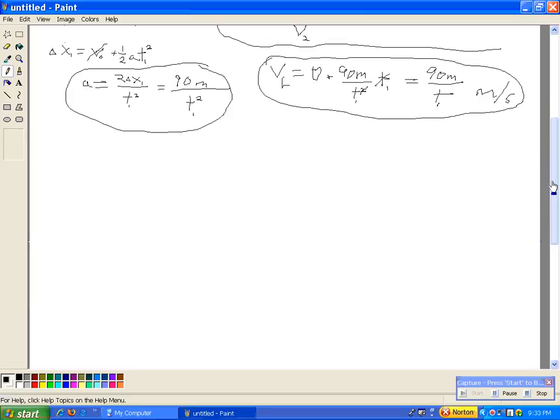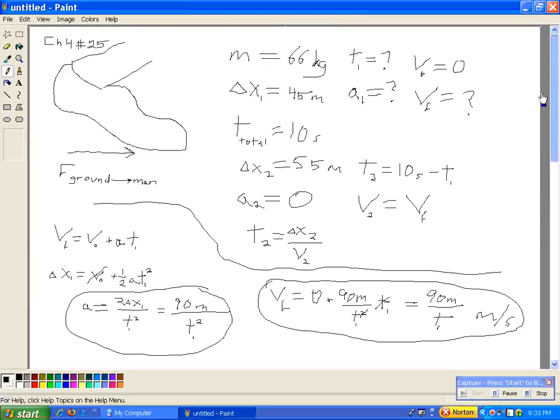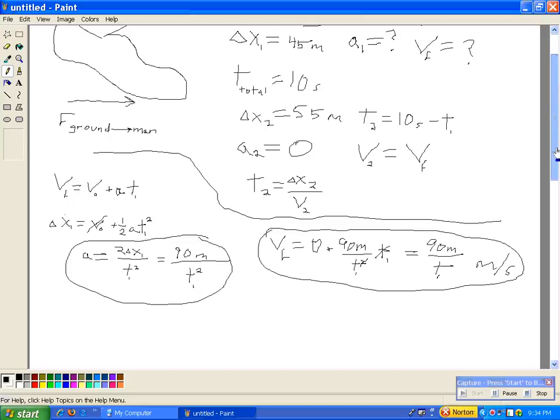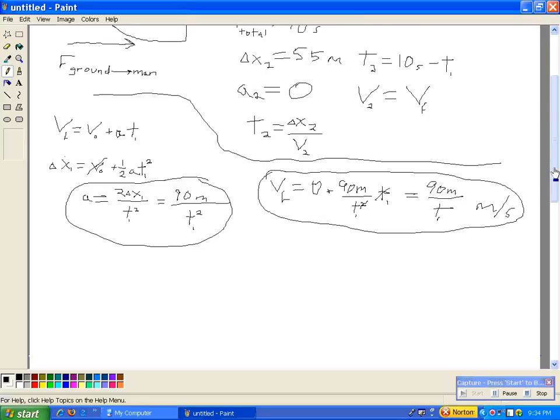We had before this idea of 2 being delta x over v. Also, we know that t2 is 10 seconds minus t1. So now we can have that in terms of t1.